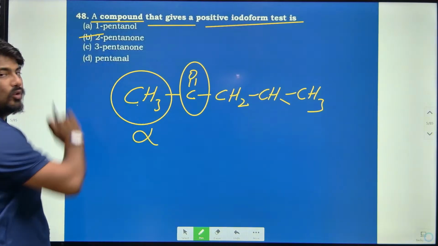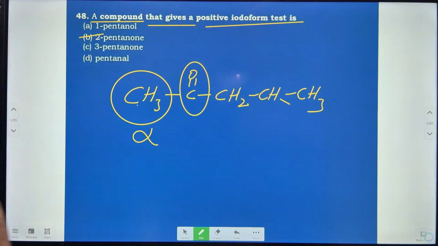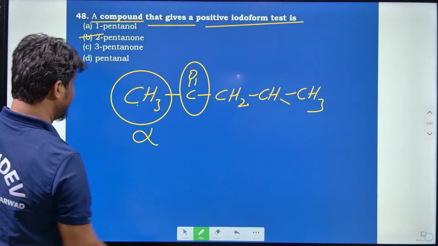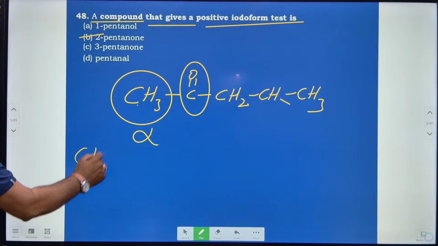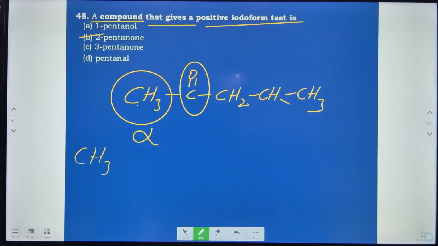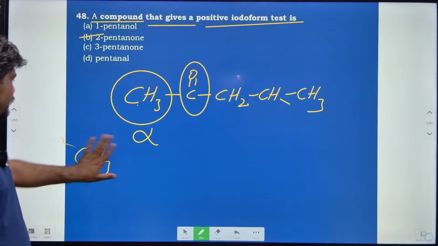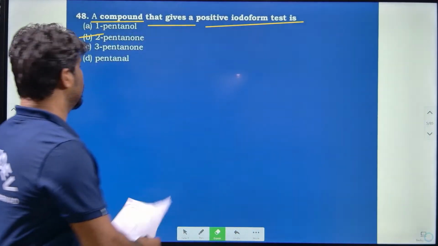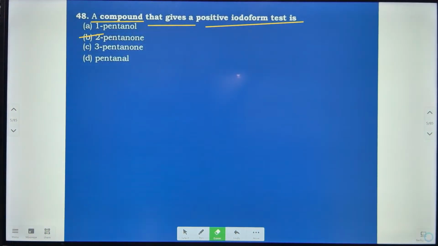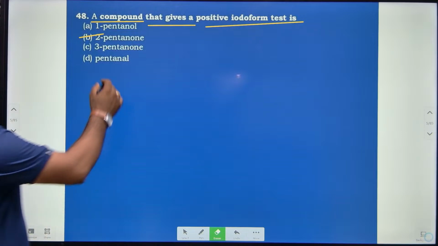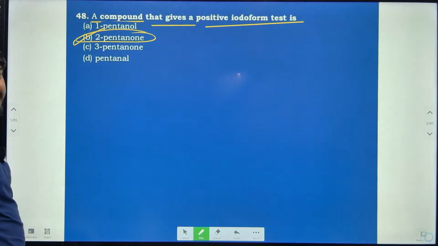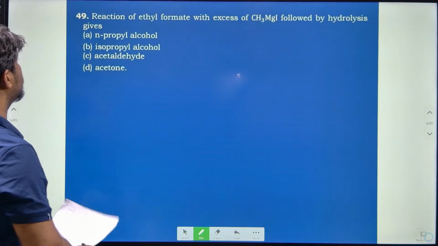Hence, option B is the right answer for the question. Let's go to the next one. Question number 49.